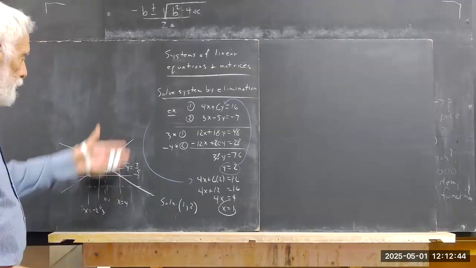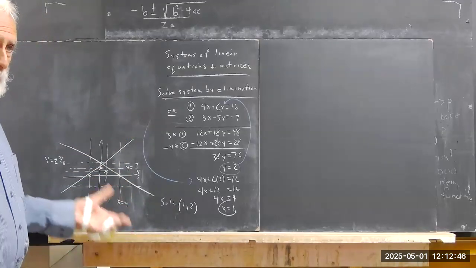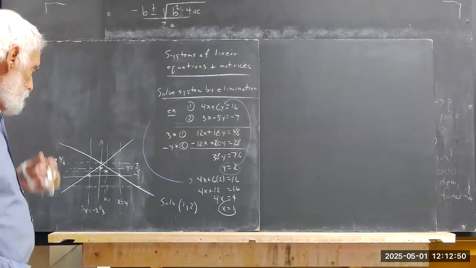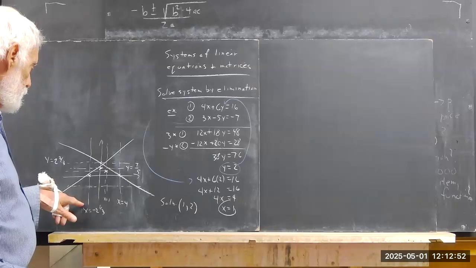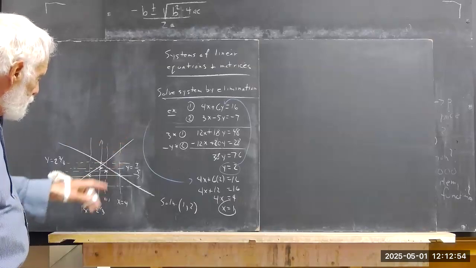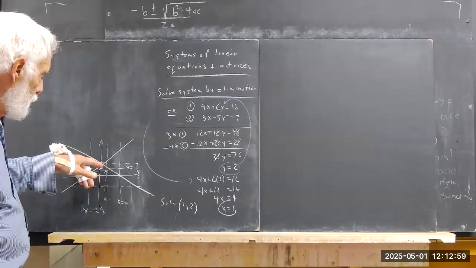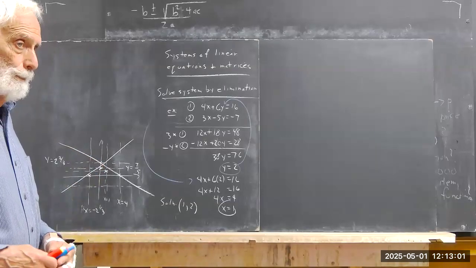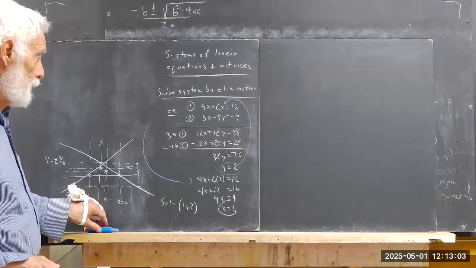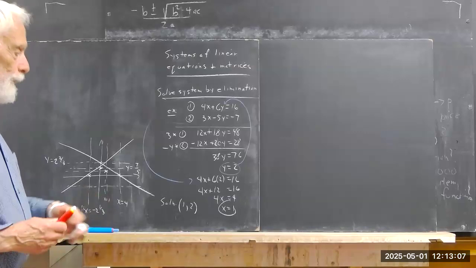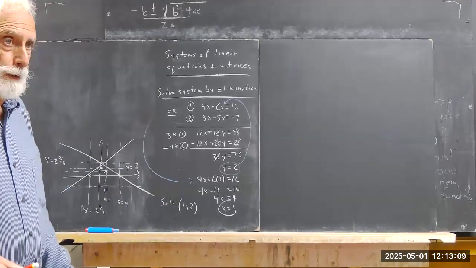The point is, we can easily sketch an approximate graph and hope we're close. My -2 1/3 should have been a little further over. My line was a little too high, so this intersection point will move over this way and down a little bit, and it'll be more accurate. It wasn't a very accurately drawn graph, just indicating this is the process that I've recommended.